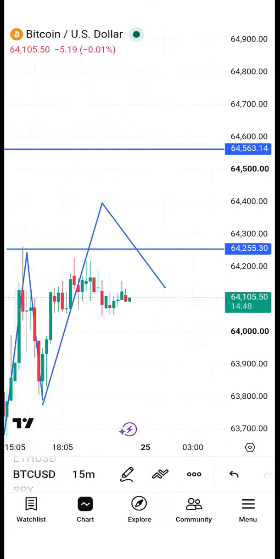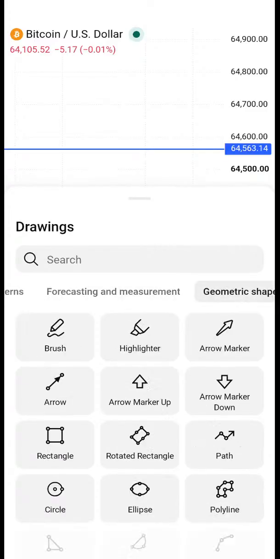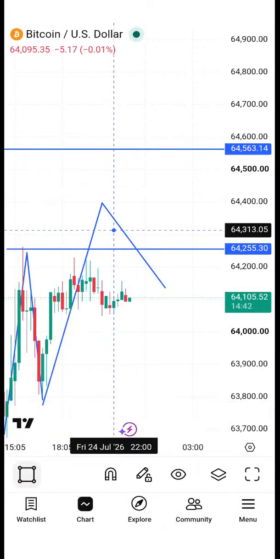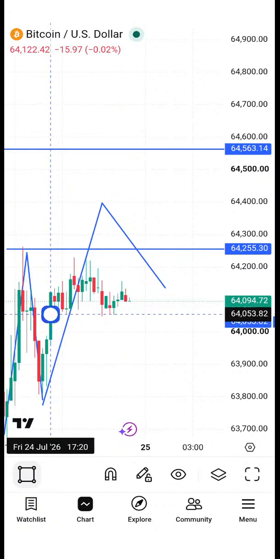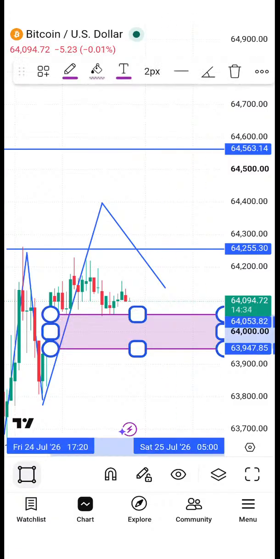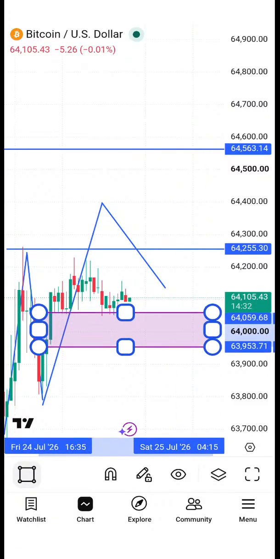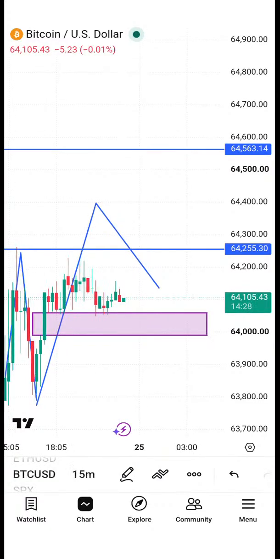Waiting for the market to. Let me just put this fair value gap. That's a fair value gap there.